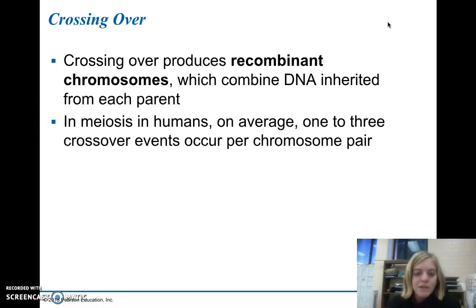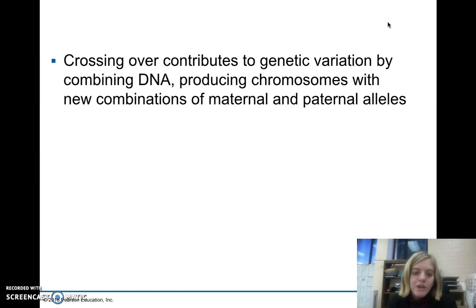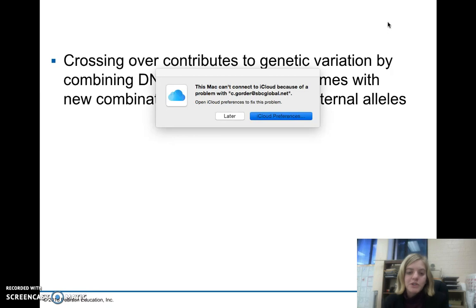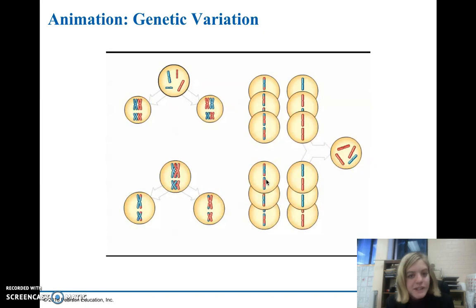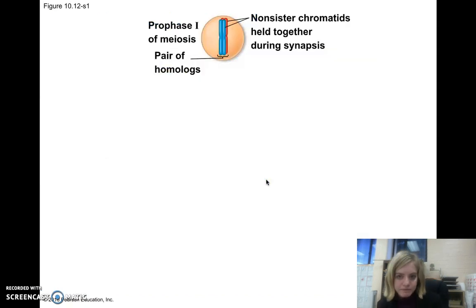And this produces what is known as recombinant chromosomes, which essentially are chromosomes that combine DNA inherited from both parents. So now, with crossing over, we have new combinations of maternal and paternal alleles that you might not have seen in the original parent cells. You could have totally new chromosome combinations.